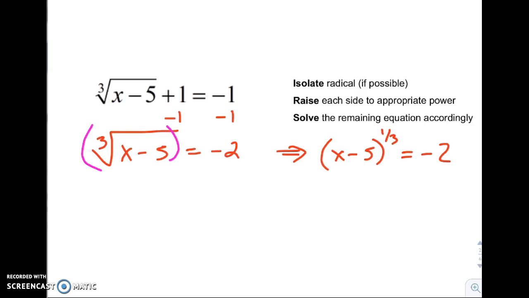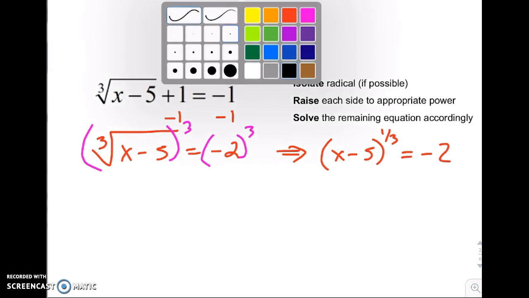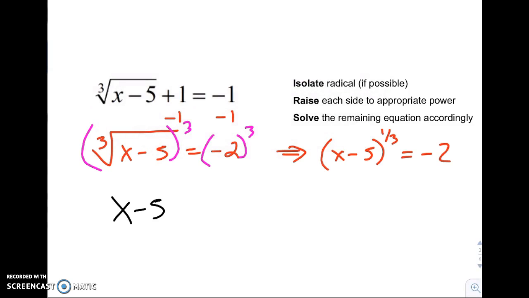Well, this power is going to be taken care of with a cube. So we will have x minus 5 left over is equal to negative 2 to the third, which is negative 8. Add 5 to both sides, and x equals negative 3. We want to check our answer here.